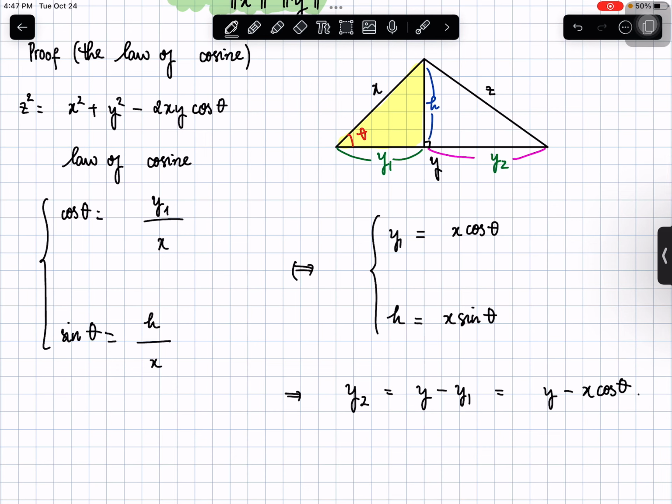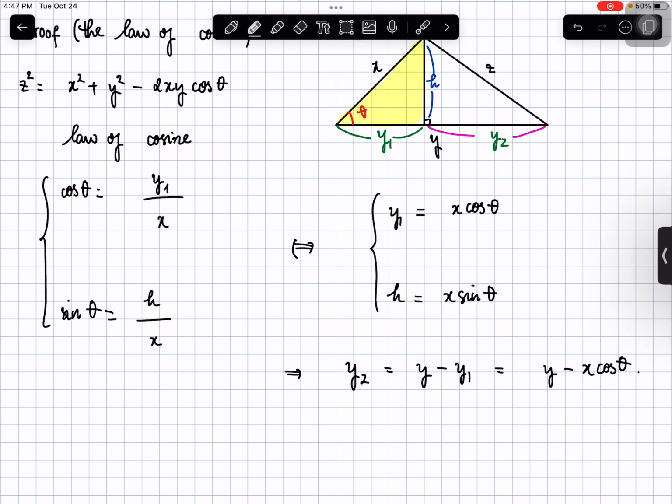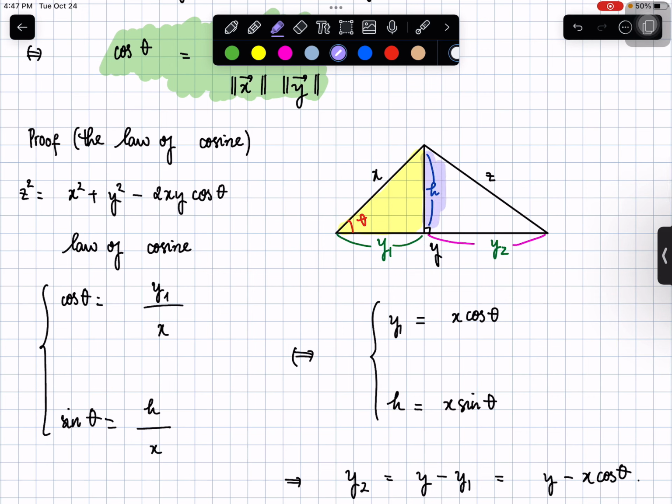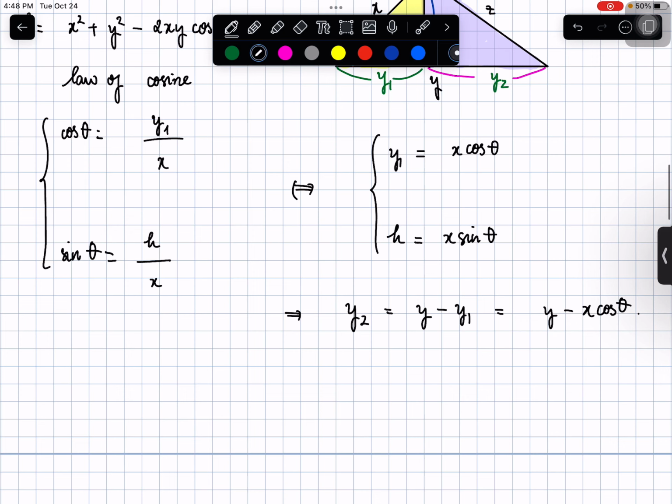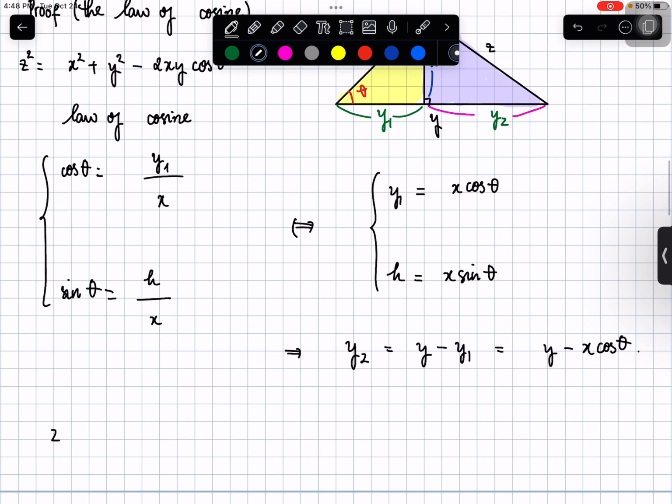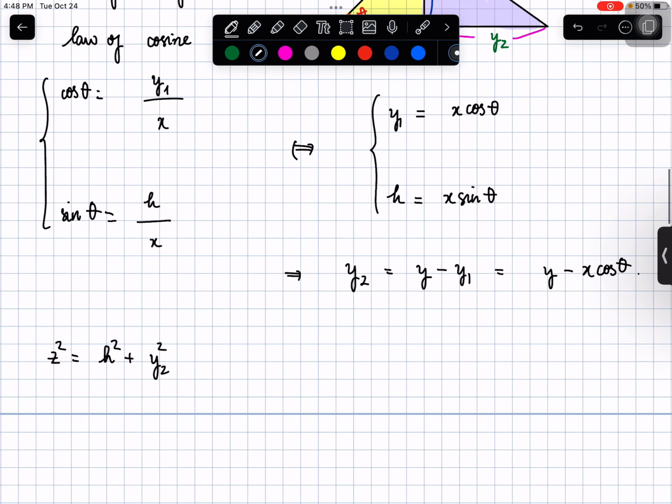Now we have s, we have y2, we can use the Pythagorean theorem again to compute z, right? So now we want to use the Pythagorean theorem for this triangle. We have z squared equal to s squared plus y2 squared. S squared we know is x squared sine squared of theta.